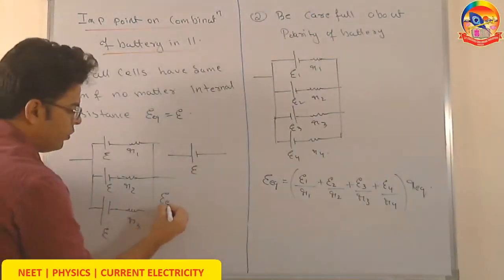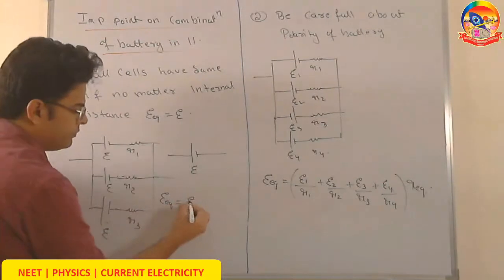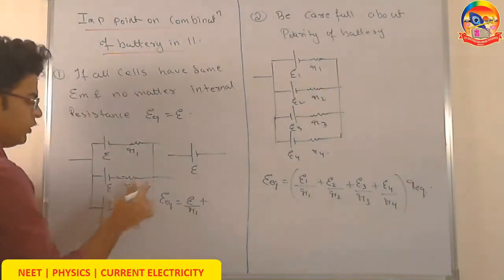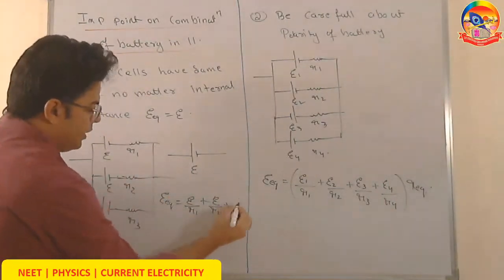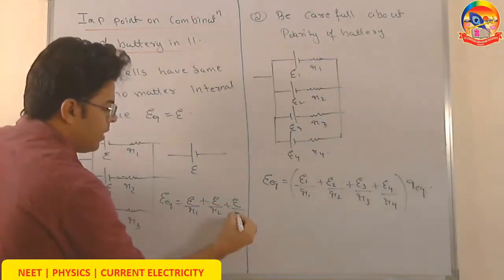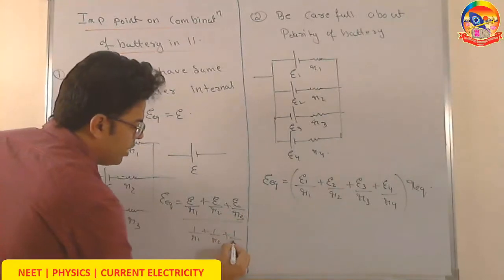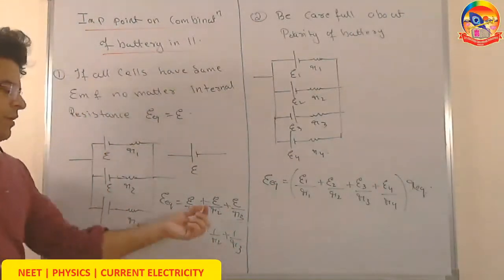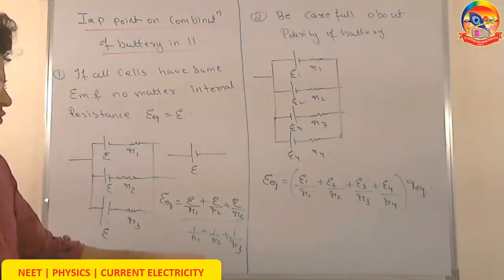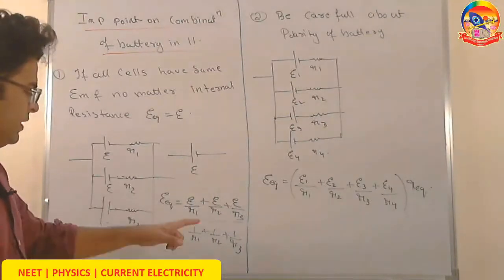Very simple. We know that E equivalent equals E1 by R1 plus E2 by R2 plus E3 by R3 upon 1 by R1 plus 1 by R2 plus 1 by R3. If all of them have got the same EMF, I can take EMF common, and then this quantity 1 by R1 plus 1 by R2 plus 1 by R3 gets cancelled.